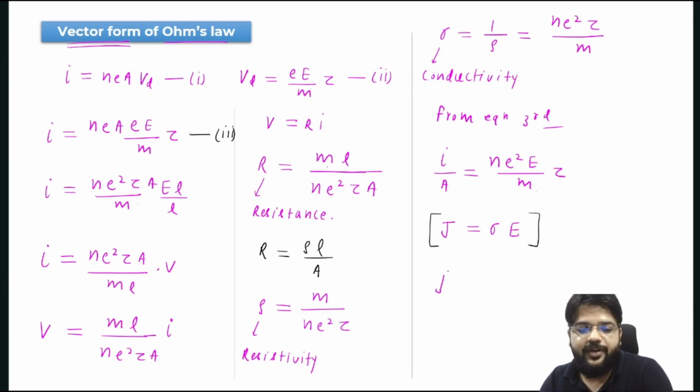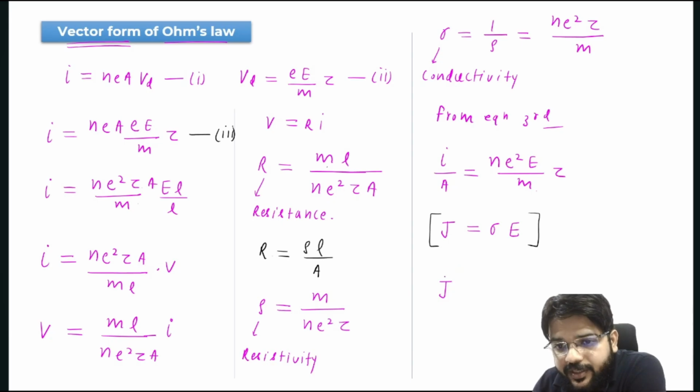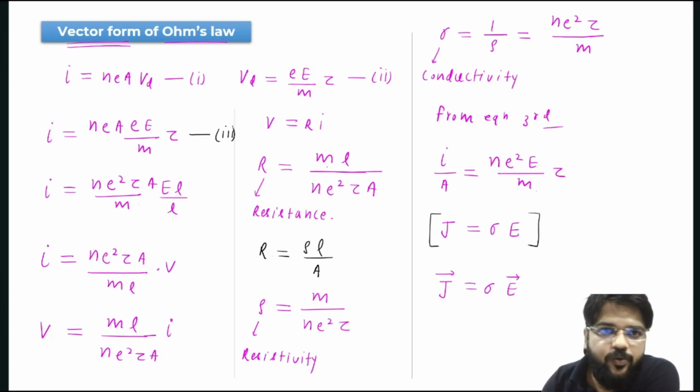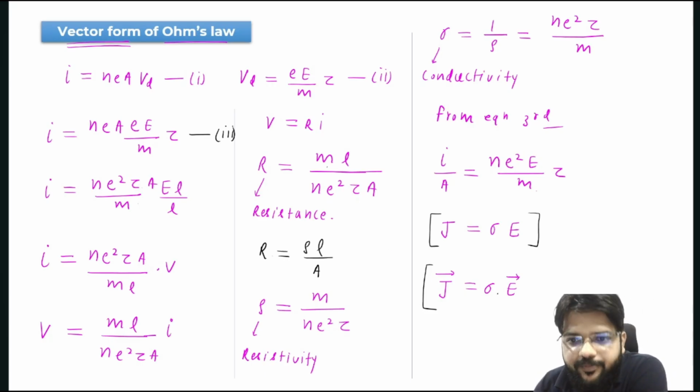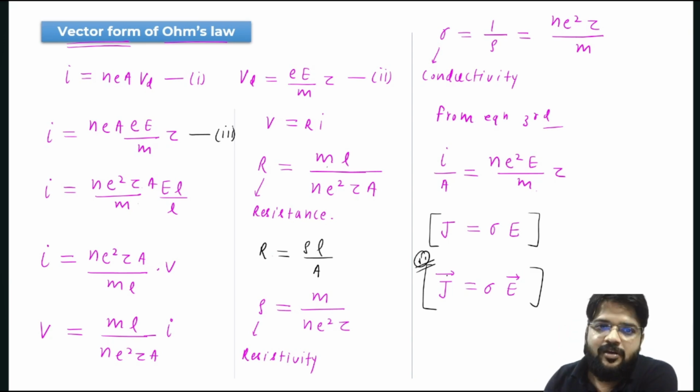Because we want Ohm's law in the vector form, so J is what? It is the current density and it is a vector quantity. So it can be written as J vector equal to sigma E vector. So now we have Ohm's law in vector form, correct? J equal to sigma E. This is the vector form of Ohm's law.